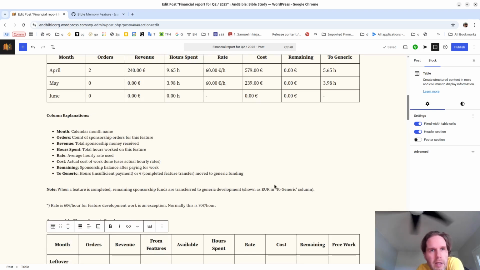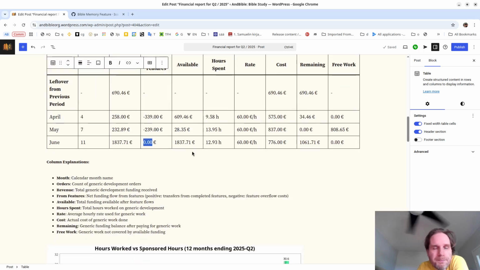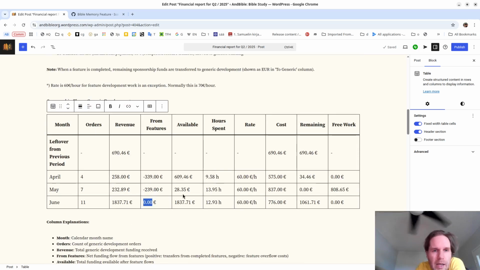Everything is already completed or moved to generic, and then everything is available for generic development, and I was spending about 13 hours.